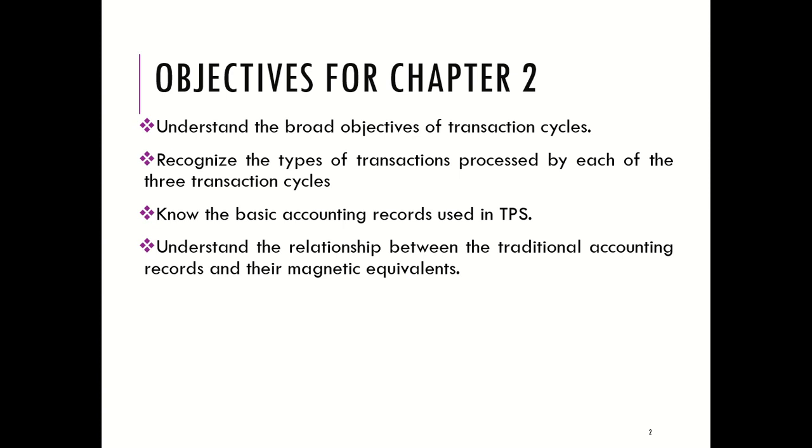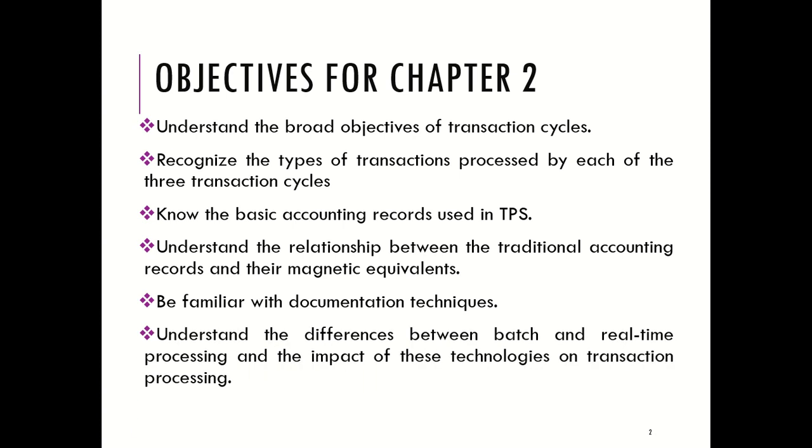Understand the relationship between traditional accounting records and their magnetic equivalents. Be familiar with documentation techniques. Understand the differences between batch and real-time processing and the impact of these technologies on transaction processing. And lastly, be familiar with data coding schemes used in accounting information systems.